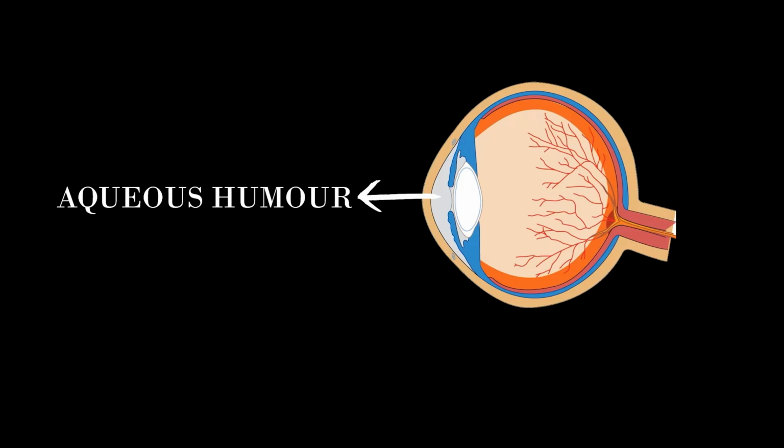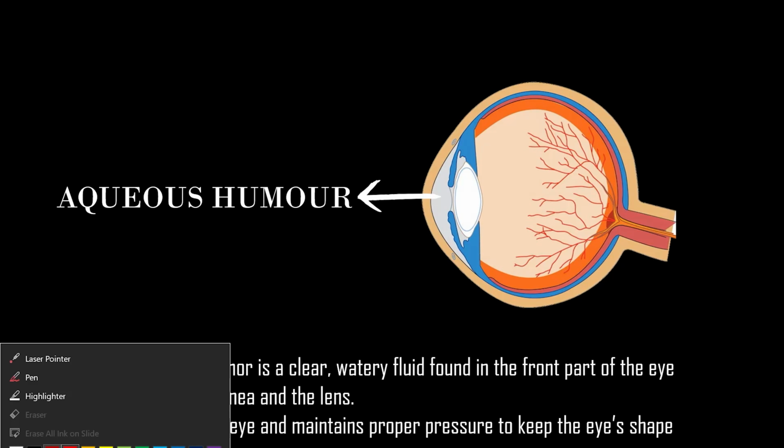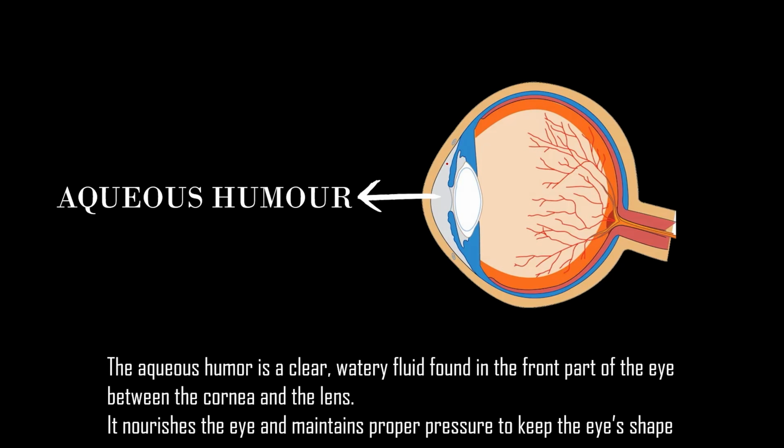Okay. Next is the aqueous humor. There are two types of fluids in our eyes: aqueous humor and vitreous humor. Aqueous humor is a clear watery fluid found in the front part of the eye between the cornea and lens. This is the cornea, and this is the lens.